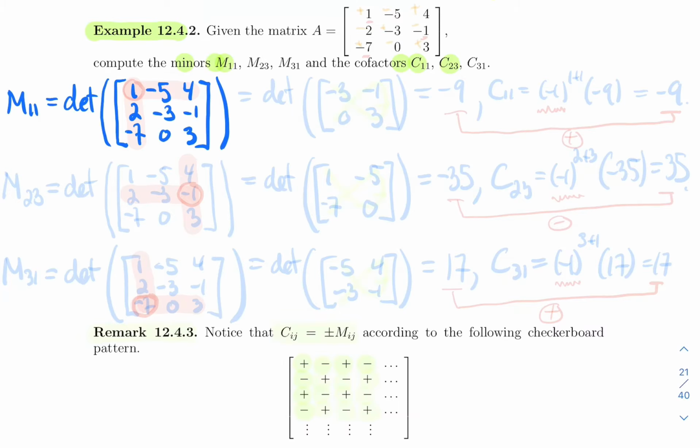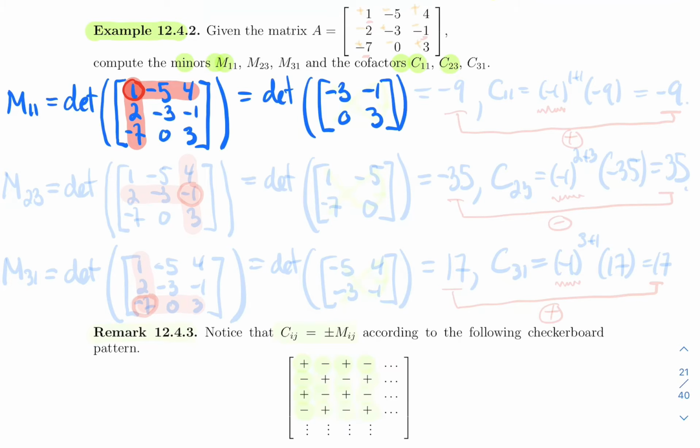Since we're doing M11, you are at the entry 1, 1, and what you do is you remove, and I'm going to use a marker in red here, the first row and the first column. This is where 1, 1 is, and this gives you this sub 2x2 matrix, which is simply -3, -1, 0, 3.